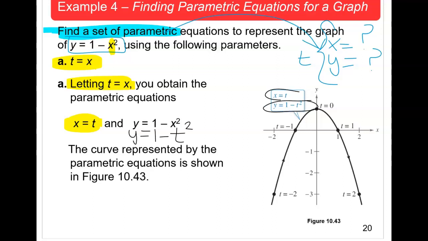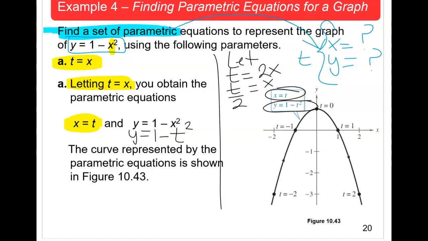And that's how we obtain our two parametric equations. It's that simple. Now I also could have said let t equal 2x, and then x will equal t over 2. In that case, I would have substituted x with t over 2. But of course, we're always trying not to work too hard. So it's perfectly fine if you decide to just substitute x with a t.